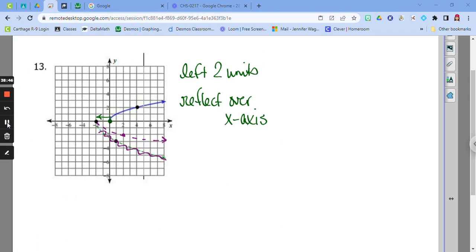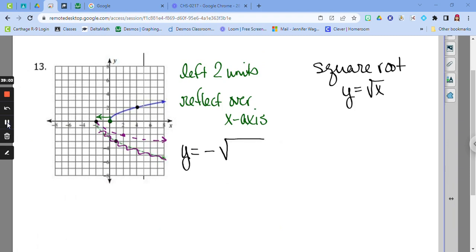This would be a square root. So let's put these in. Y equals, we need a negative in front of the radical, and then x plus 2 for a 2-unit shift. All right.